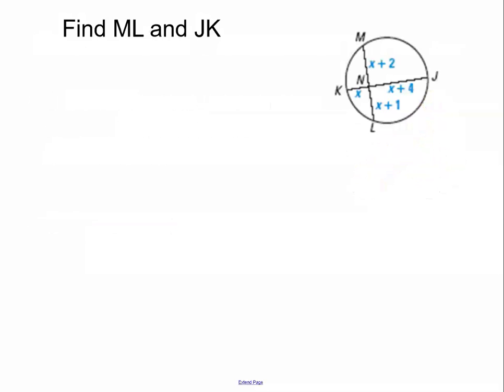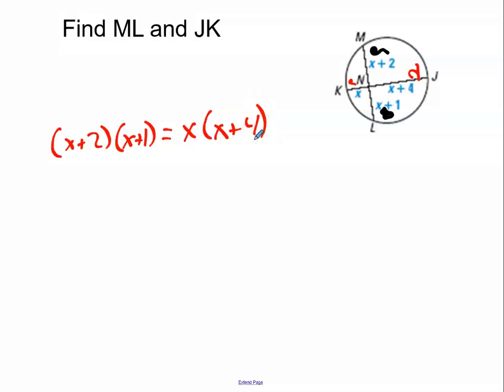So, on this example, I'll let this be my A and this be my B. And so I'm going to have x plus 2 times x plus 1 equals, and then I'm going to make this be my C and this be my D. And so that's going to equal x times x plus 4.